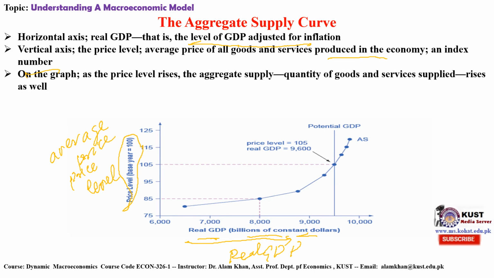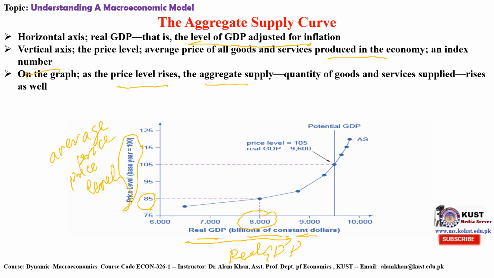On the graph, as the price level rises, the aggregate supply rises. If you look at when the price is, suppose, 85 units, the quantity produced is 8,000.